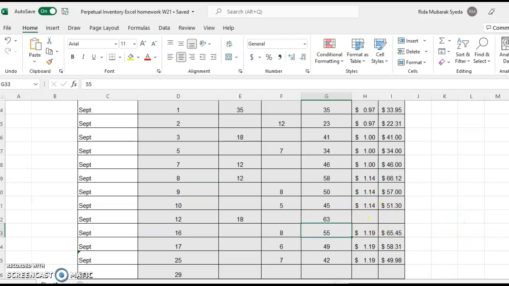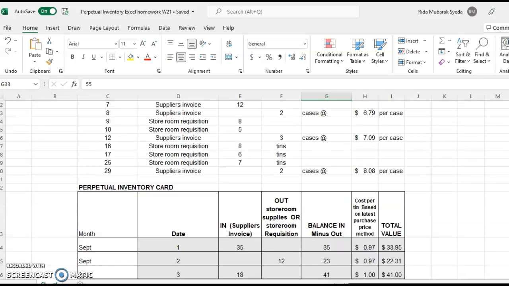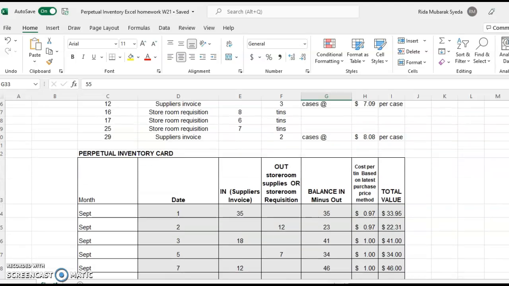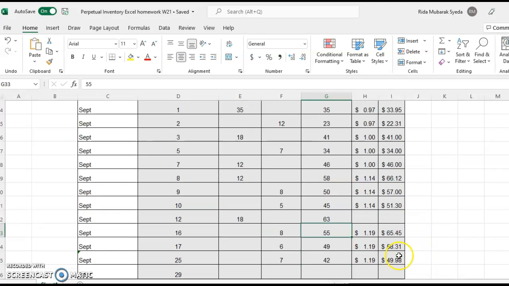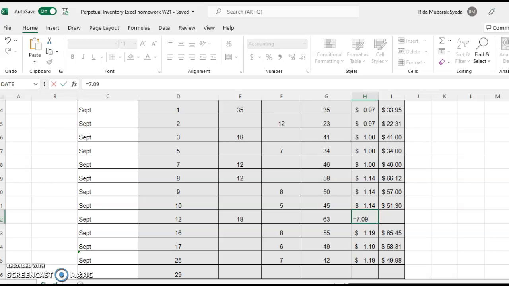And since we did make a purchase, we have a new price value, which is 709 per case. So 709 is equal to 709 divided by 6, enter, and we get 118.